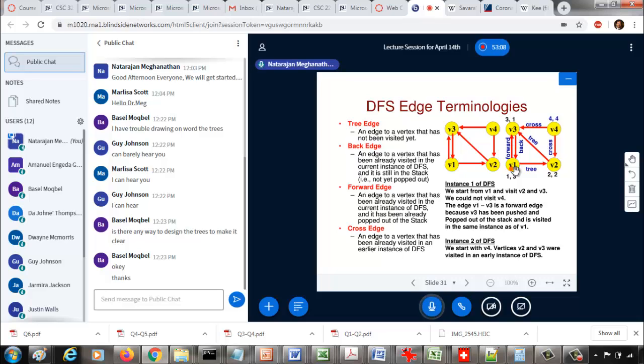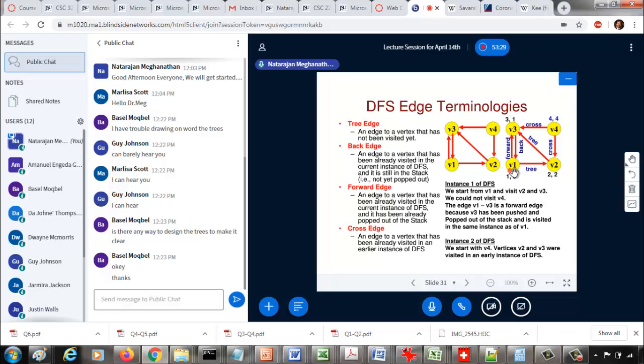This edge from V1 to V3 is an edge where V3 has already been pushed and popped out in the current instance of depth first search, right? Because V1, the other end of the edge, is explored in the current instance of depth first search, and V3 is also explored in the current instance.